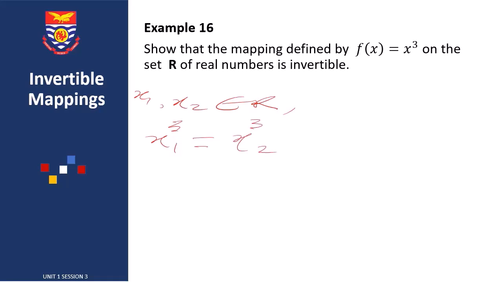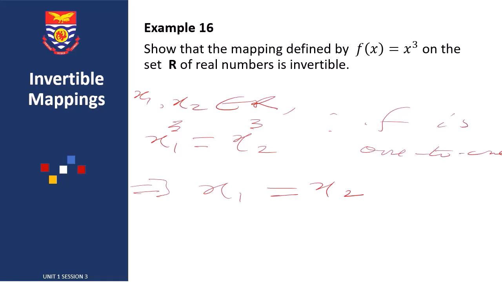Once you put them inside, it must be equal. Now let's take the cube root of both sides. So what can we see? When we take the cube root of both sides, it implies that x1 equals x2. So once x1 equals x2, therefore f is 1 to 1.